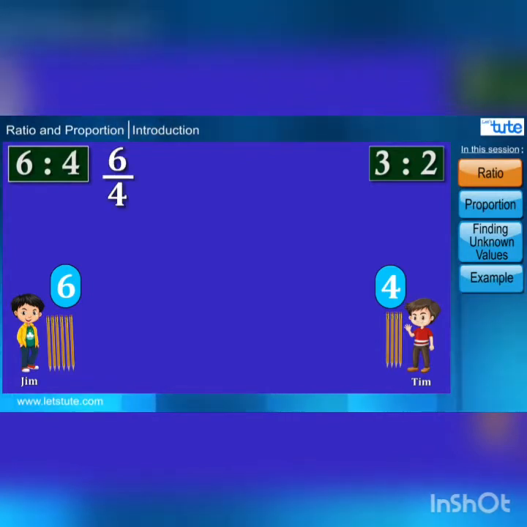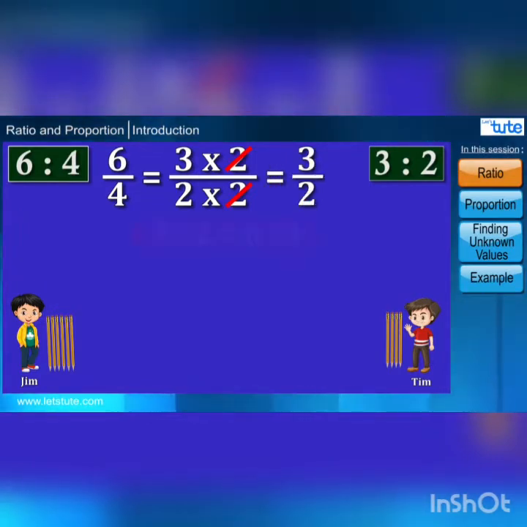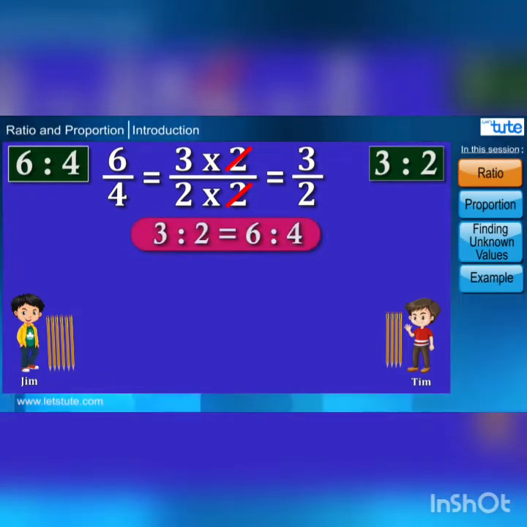or 6/4. But wait, we were given that pencils should be divided in the ratio of 3:2. You can write this as, now we can cancel 2 and we will get 3/2 only, which means 3:2 is equal to 6:4. And this is known as proportion.